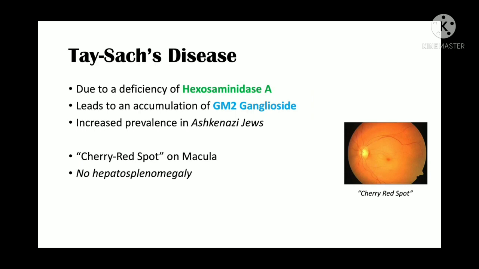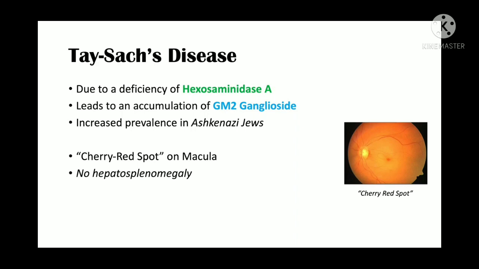The next condition we're looking at is Tay-Sachs disease. Tay-Sachs disease is due to deficiency of the hexosaminidase A enzyme, and it leads to an accumulation of GM2 ganglioside in the lysosome. This condition also has increased prevalence in Ashkenazi Jews, just like Niemann-Pick disease, and it also has a cherry red spot on the macula. These two conditions are often compared with each other. The big thing is that Tay-Sachs disease doesn't have hepatosplenomegaly while Niemann-Pick does.